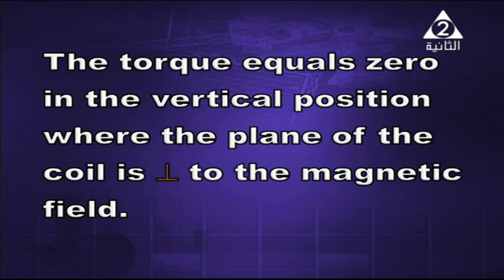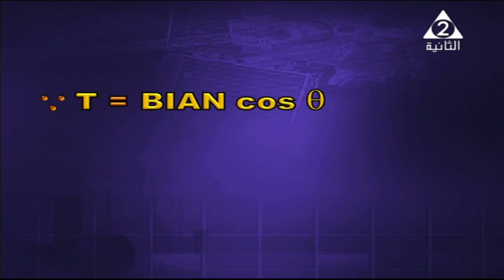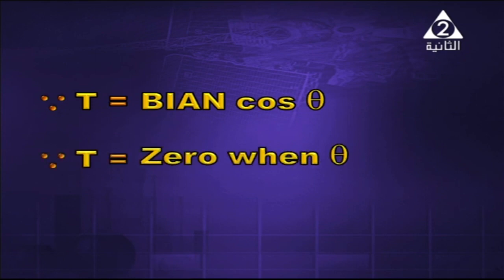So the torque equals 0 in the vertical position, where the plane of the coil is perpendicular to the field lines, when theta equals 90 degrees.